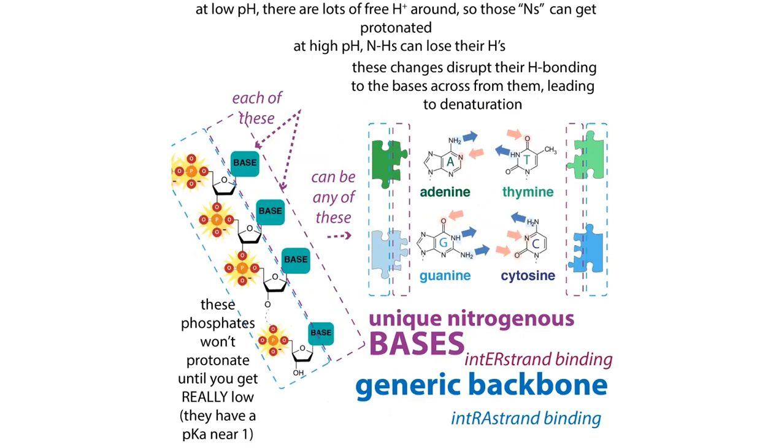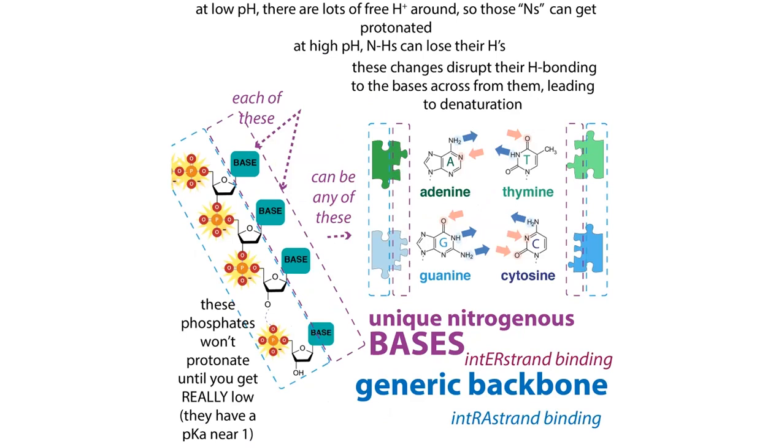Even if you don't have the sort of chain breakage, if you do have an alteration in pH, it can affect the base pairing and it can cause denaturation. Those backbone phosphates have a pKa near 1, so they're pretty much always negatively charged. But those bases, remember we call them bases because those nitrogens can take protons.